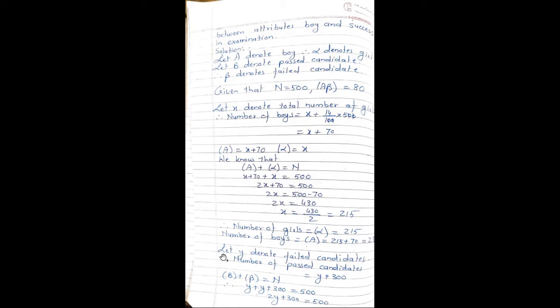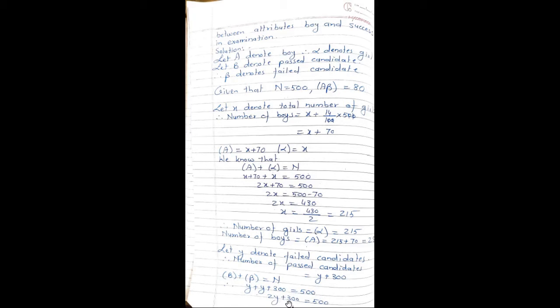Then let y denote failed candidates. Therefore, number of passed candidates is equal to y plus 300. Again, we know that B plus beta is equal to n. Therefore, y plus y plus 300 is equal to 500.